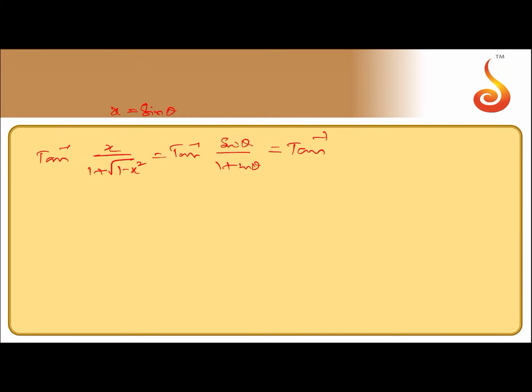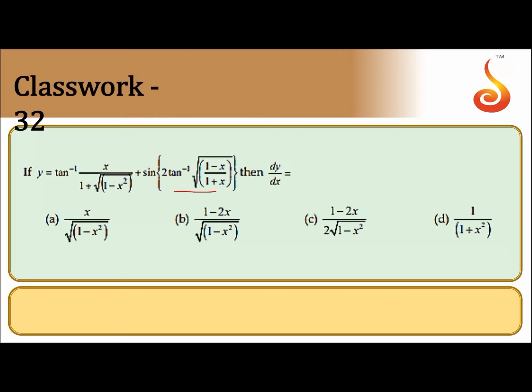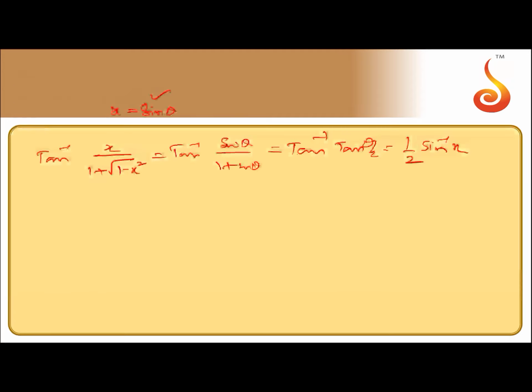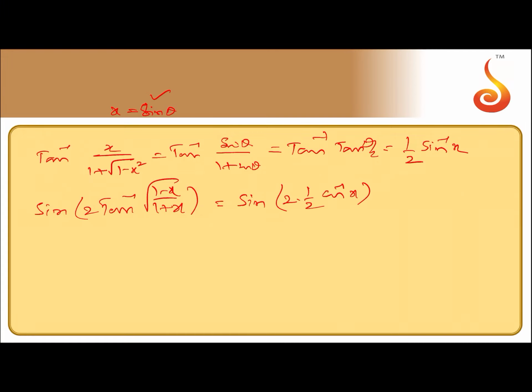Using trigonometry you will get tan theta by 2. That is nothing but half theta, but theta is equal to sine inverse of x. So the first one is half sine inverse x. The second one is sine of 2 tan inverse root over 1 minus x by 1 plus x, which is nothing but sine of 2 into half cos inverse of x. The 2 gets cancelled. Sine of cos inverse is nothing but sine of sine inverse root 1 minus x square. So the answer is root 1 minus x square.